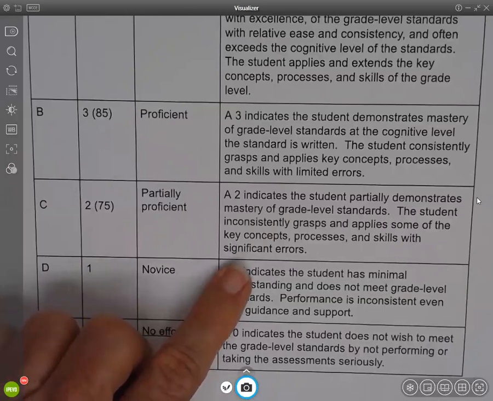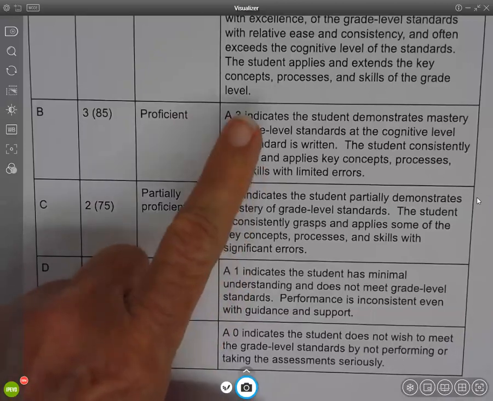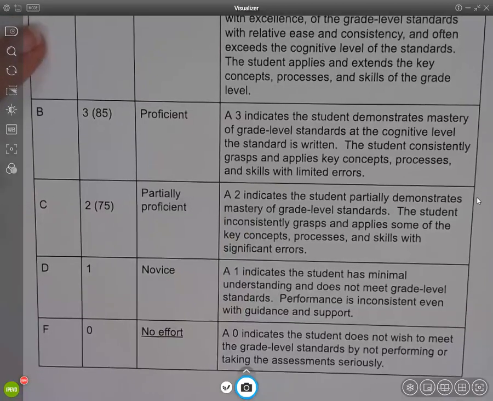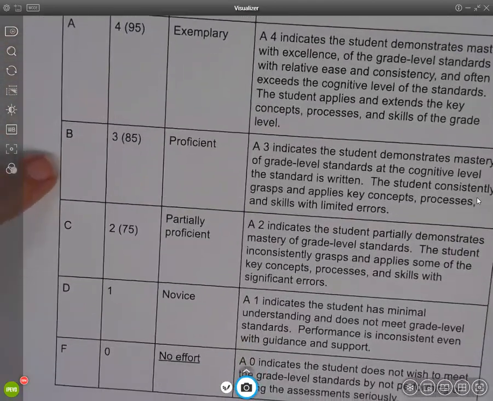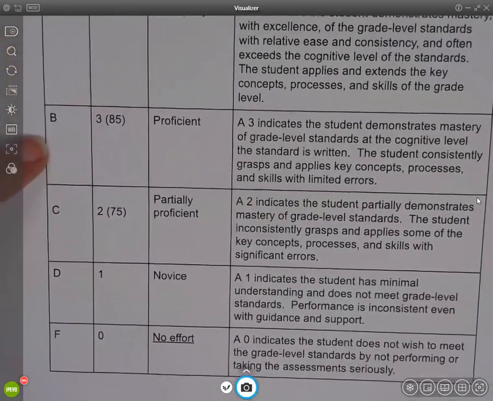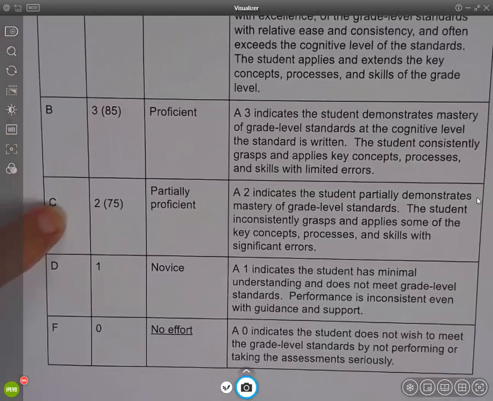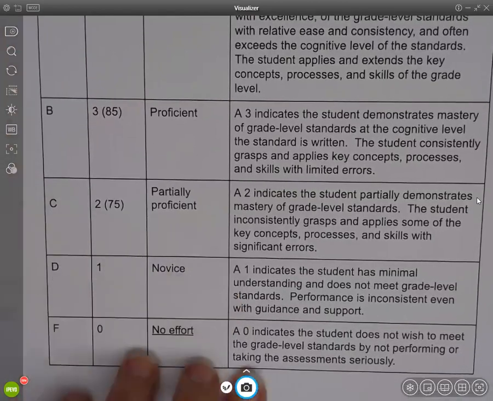So a C would mean that you get one or more correct up to having 1 wrong. Say you had 10 questions, getting 10 correct would be an A, getting 9 correct would be a B, and getting 1, 2, 3, 4, 5, 6, 7, or 8 correct would be a C.